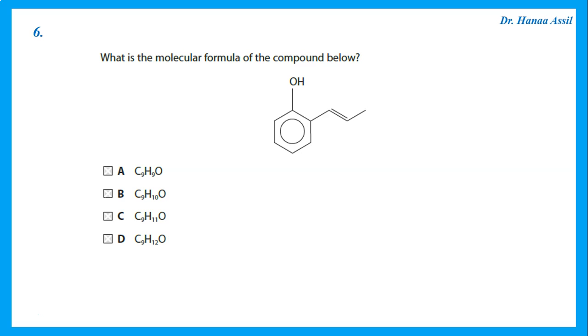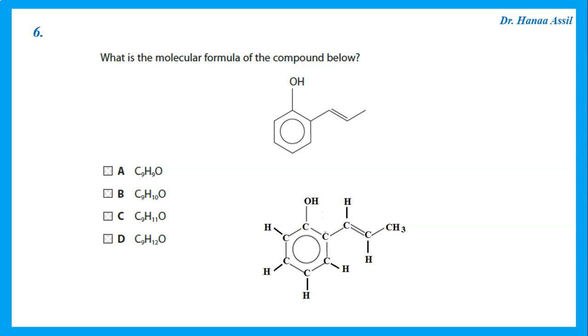And if we have a molecule like this, what is the molecular formula of the compound below? In order to determine the molecular formula, think about where the carbons and the hydrogens are. Remember that each of the carbons in the benzene ring originally has 1 hydrogen.